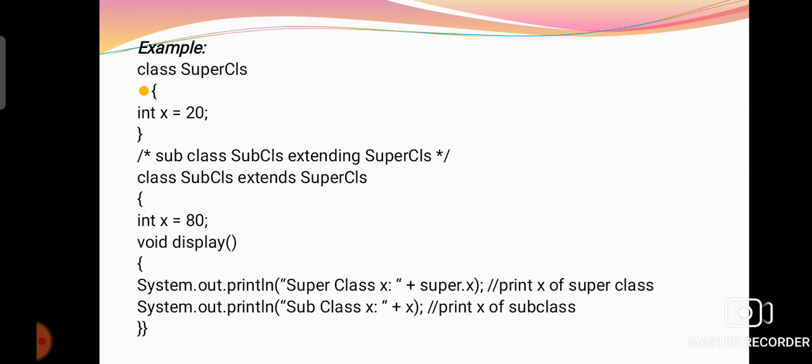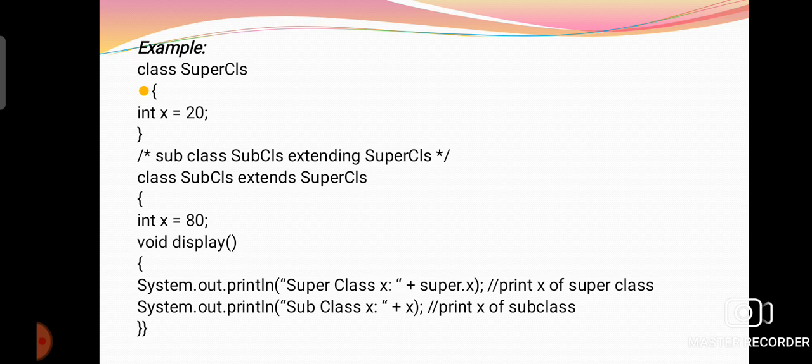So if we want to refer to the x under the parent class, it has to be mentioned like super.x. So in the first statement we are printing super.x. In this case the x refers to the parent class member, and the value of x is 20. So 20 will be printed for the first statement, and in the second statement we are simply printing x.